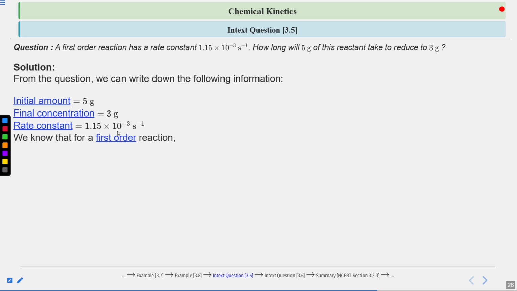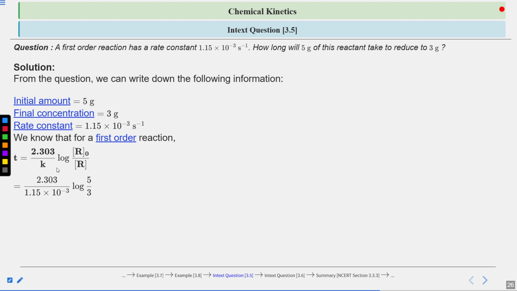And we know that for a first order reaction, the time can be calculated as 2.303 by K, the rate constant, log R naught by R. We know R naught, we know R, and we know the rate constant value, so we can calculate the time. So 2.303 by 1.15 times 10 to the power minus 3 log of 5 by 3.